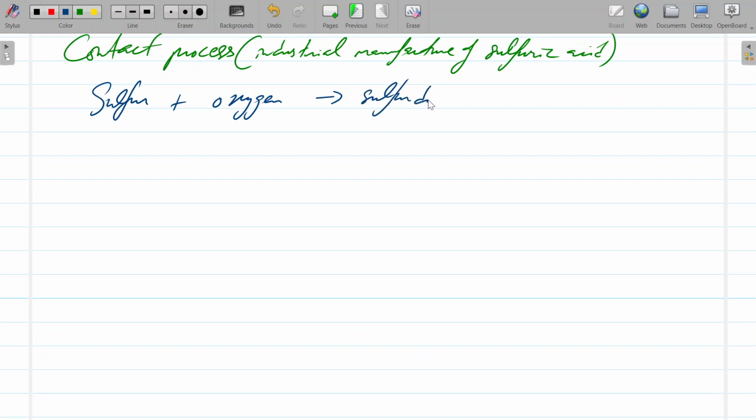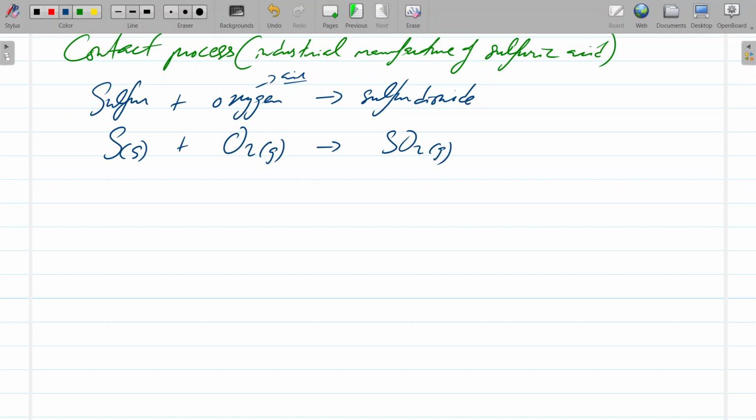That's the first step. Sulfur is a solid, plus O2, which is a gas, coming from the air, and you are getting SO2, which is a gas. And that's balanced, so that's good.